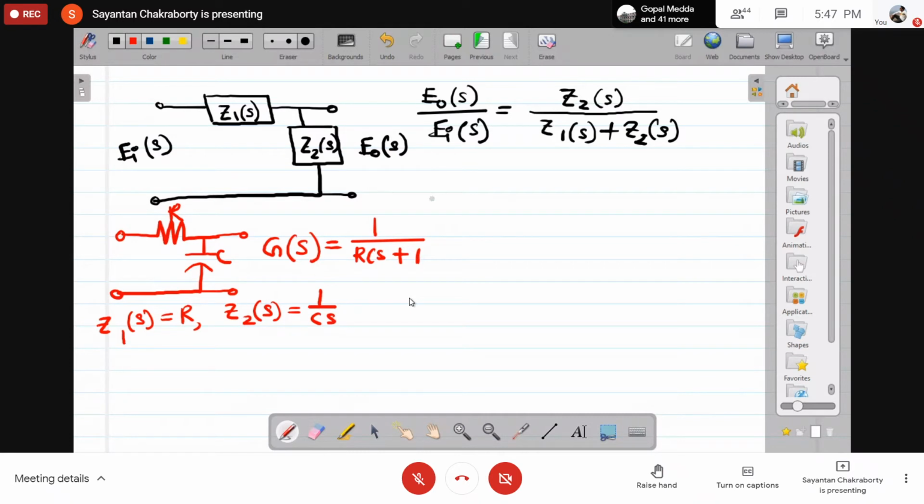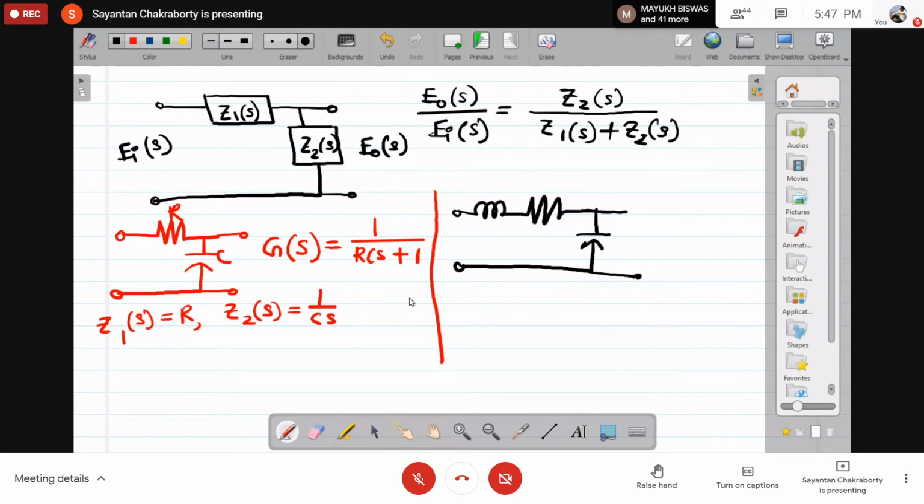Similarly, if you have E0S, yes, L, R, and C. So, what is your Z1S here?